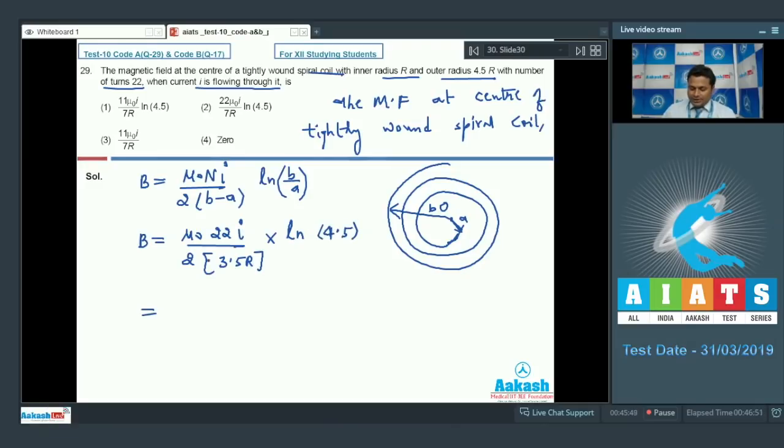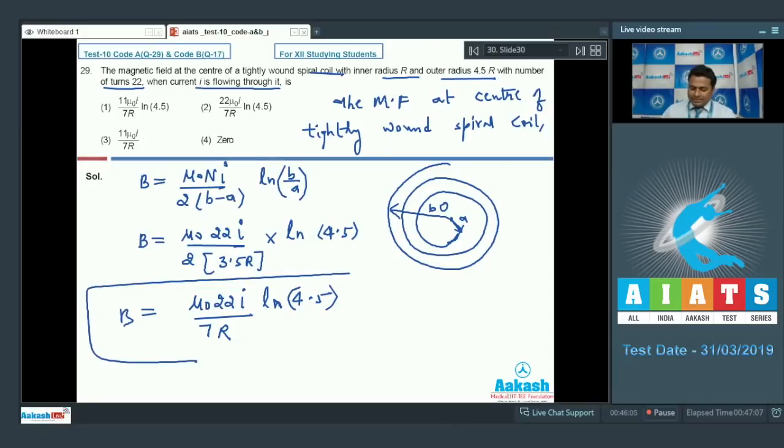Mu naught into 22 into I, 2 into 3.5, that is 7 R, ln 4.5. This is the final expression we have got. Now after looking at the options, we can say that option number 2 is absolutely correct. So we will go with option number 2 only.